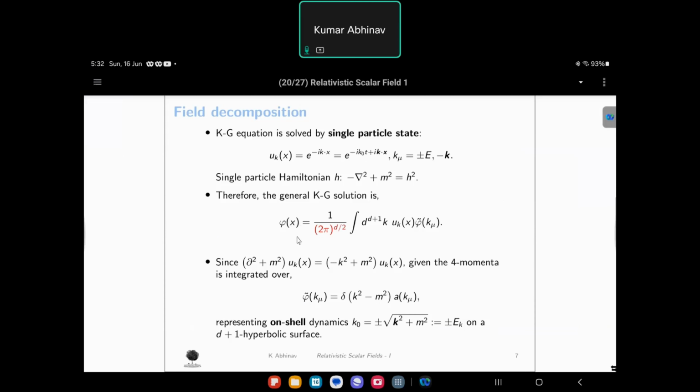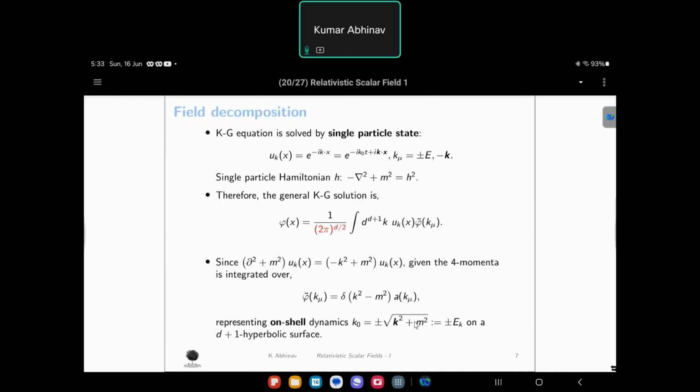Usually if you put u_k(x), it just gives you minus k square plus m square, that we have seen. So to make it vanish at k square equal to m square only, you put a Dirac delta function. This condition that k square has to be equal to m square is called on-shell dynamics.